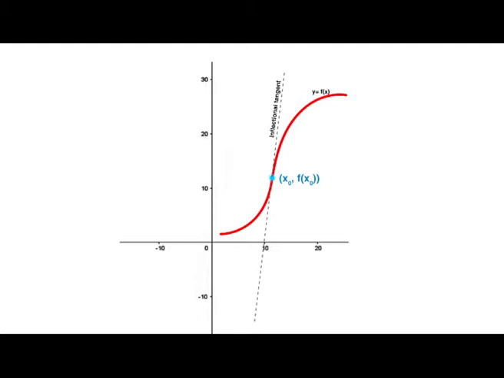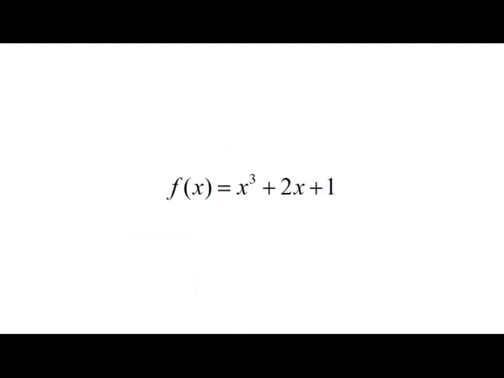As an example, the function f of x equal to x cube plus 2x plus 1 has an inflection point at x naught equal to 0, and the point 0 1 on the graph is an inflection point of f. The inflectional tangent to the function at the point 0 1 is obtained as follows: f dash of x equal to 3x square plus 2 evaluated at x equal to 0 is 2.